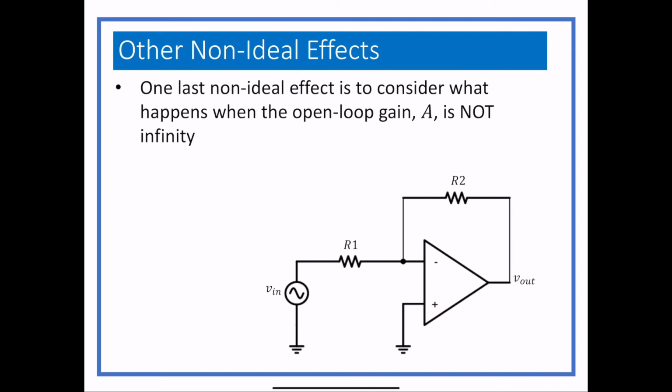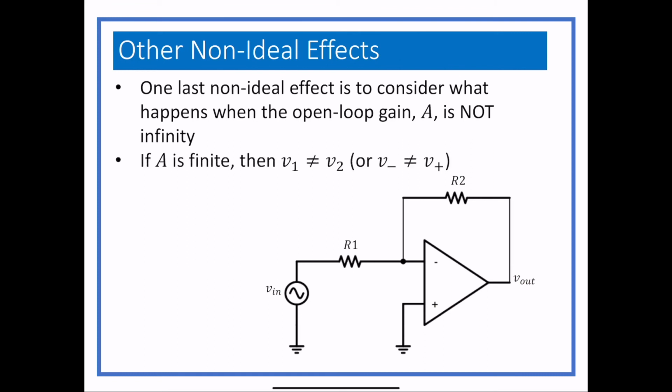You need to pay attention, but you don't need to really remember what the concept is until the very end, because you'll see how the actual gain equations we use are incorporated into the equation that includes the gain when it's not actually large. So we're going to look at a situation in which the open loop gain is not infinity, which, like I said, we already know it's not infinity.